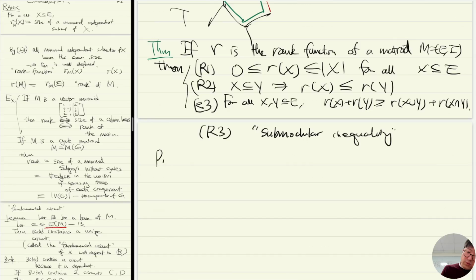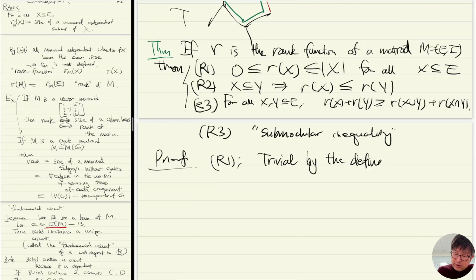Now, why does it satisfy these things? So for instance, R1, well, this is trivial. Why? It's trivial by the definition. Rank is the size of a maximal independent subset of X, so it has to be the size of a subset. What about R2? Why?